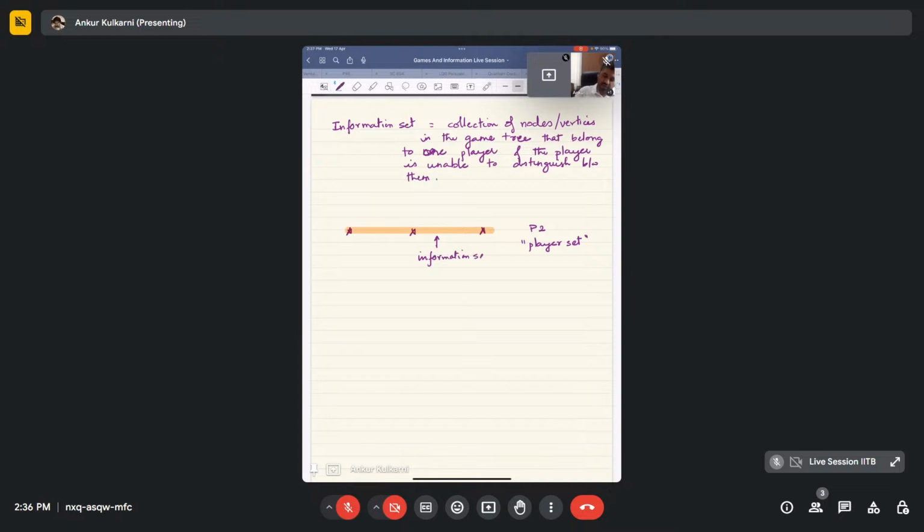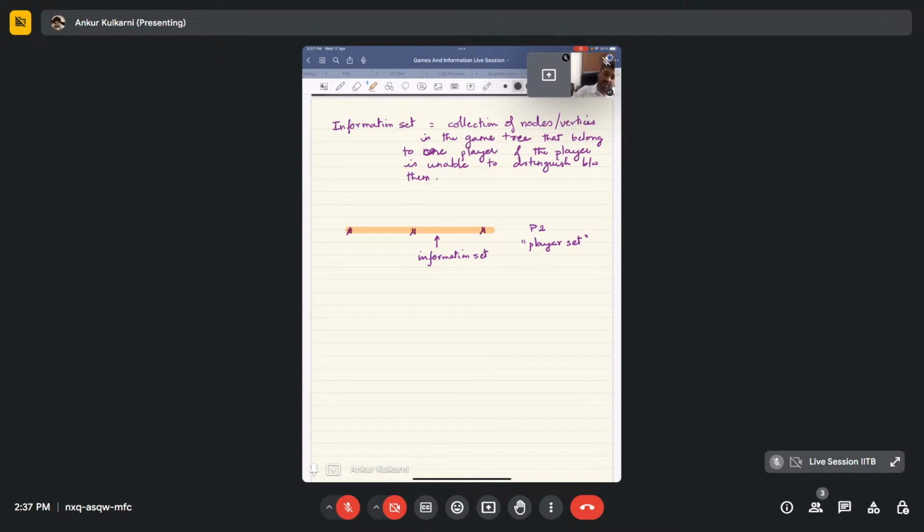If two nodes are in the same information set, then it means that a player is unable to distinguish between them. In this case, I have drawn three nodes in one information set. There can be three nodes, four nodes, two nodes, any number of nodes in an information set.